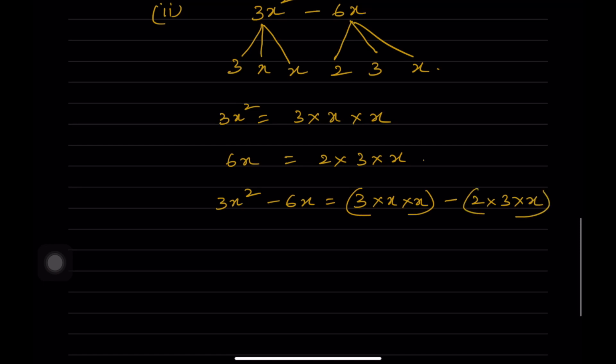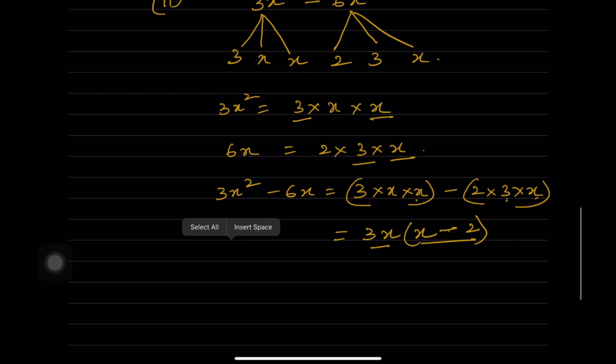Now what is common in both of them? You have x in both, and you have 3 in both. So you take out 3x common. If 3x is outside, what you have inside is x in the first term, and in the second term it is 2, with the subtraction taken as it is. So these are the factors of 3x square minus 6x.